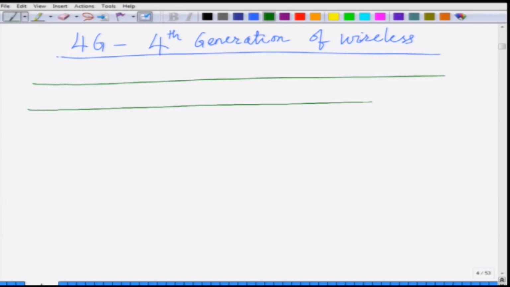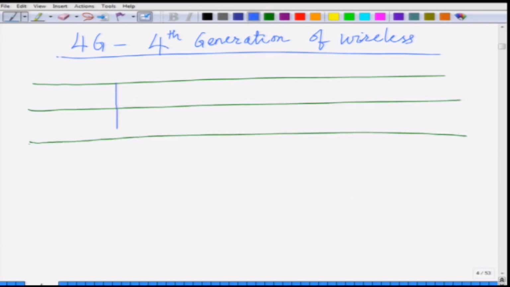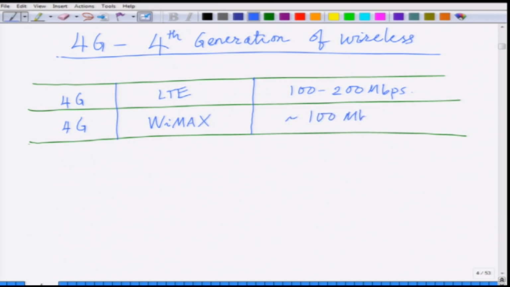And in this, there are mainly two 4G standards. One is LTE, which has again 100 to 200 megabits per second, and another 4G standard is WiMAX, which has again a data rate of about 100 megabits per second.